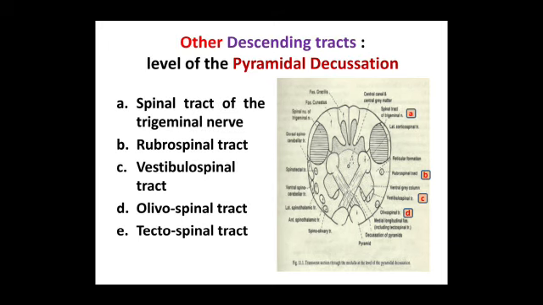The other descending tracts at this level are the spinal tract of trigeminal nerve, depicted as A, rubrospinal tract as B, vestibulospinal tract as C, olivospinal tract as D. Close to it is the tectospinal tract.